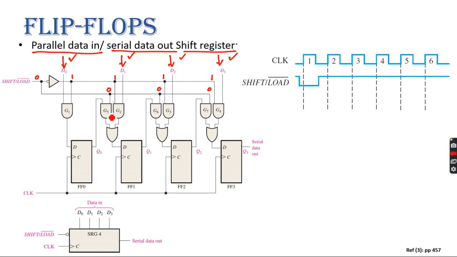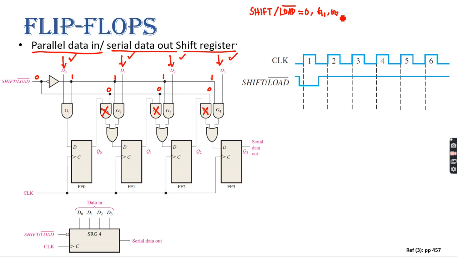If any input of an AND gate is 0, then the output of this AND gate would be 0, meaning this AND gate, this AND gate, and this AND gate will not work. So whenever the shift/load command is 0, then what will happen?